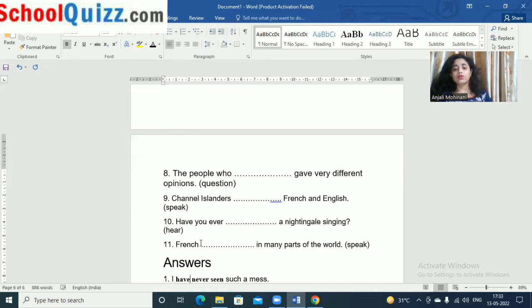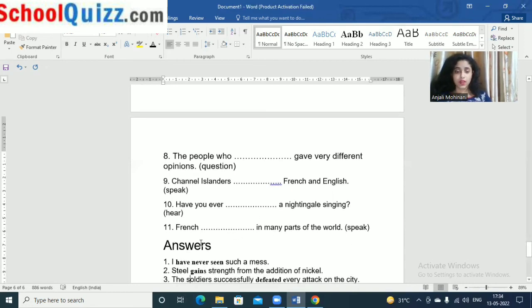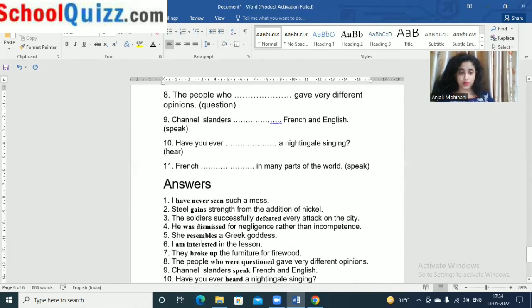See here, you can also use logic. What you can do is read the question and accordingly see which grammar would fit here, like which tense will be fitting. You can do that, but for that also your basics should be clear. If your basics are not clear, you won't be able to do this. Okay, now you can take the screenshot of the answers if you want.